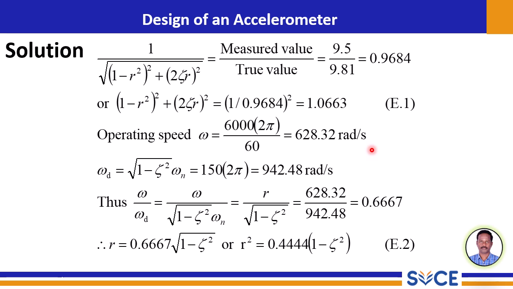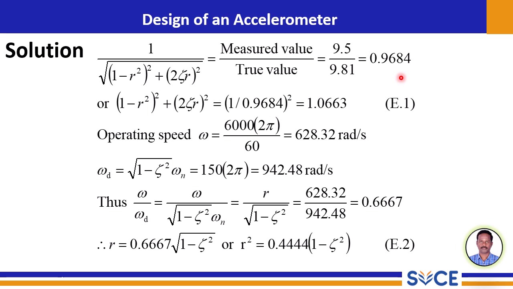We are given that the accelerometer recorded a measured acceleration of 9.5 and the true acceleration was 9.81. In the solution, we start by considering the ratio of measured value divided by true value, which is approximately 0.9684.